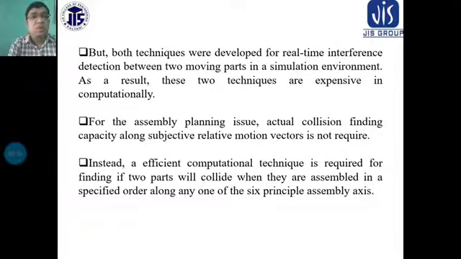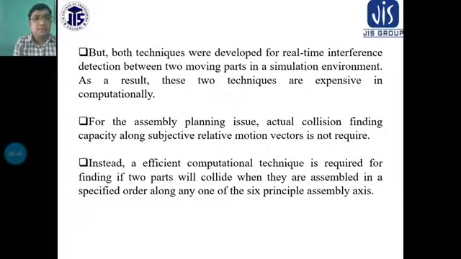Both techniques are developed for real-time interference detection between two moving parts in a simulation environment. As a result, those two techniques are computationally expensive.